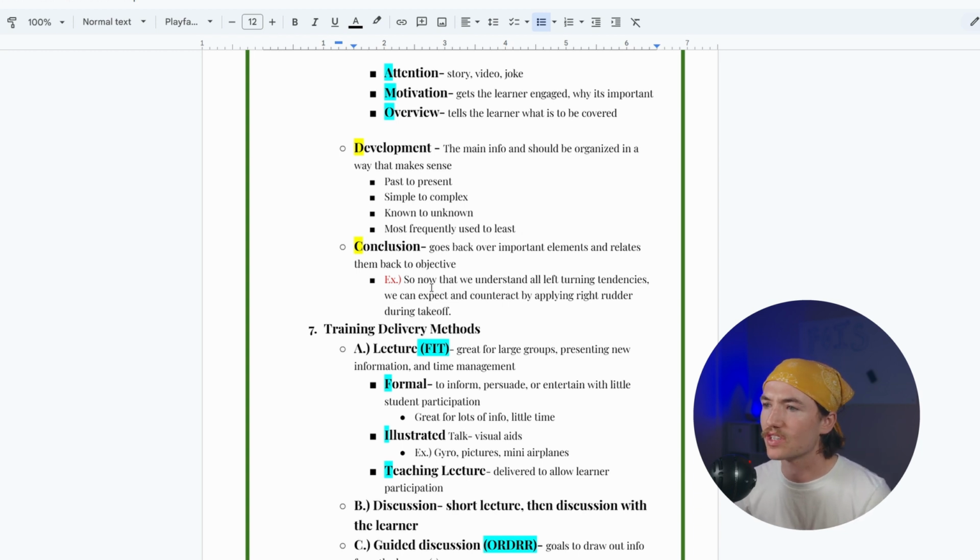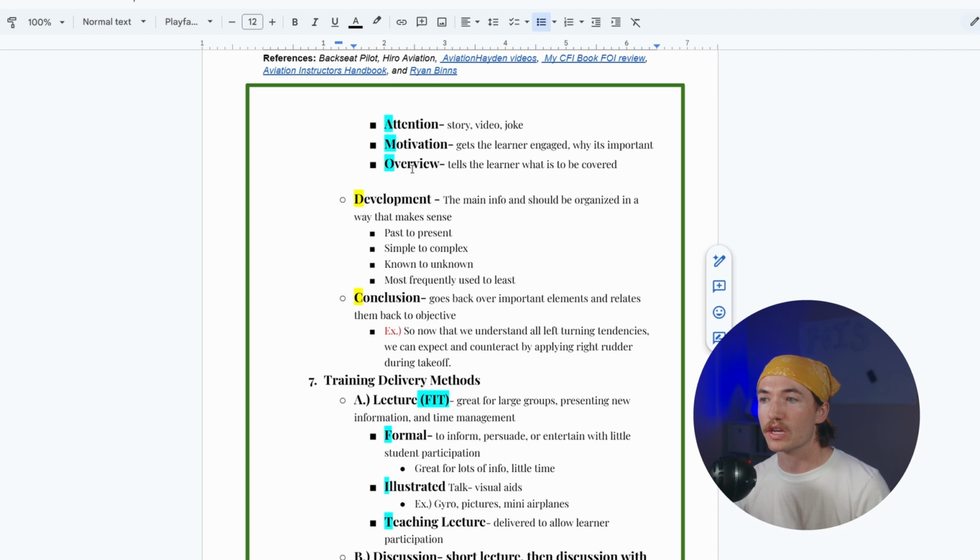But right up here, this says it goes back over important elements and relates them back to the objective. If you can date back to, I think it was task B, when we go over the reflective thought theory. Well, the conclusion is a good opportunity to go back over the overview. And you're just like, yeah, this is actually what we learned during the lesson. We learned about how lift is created.